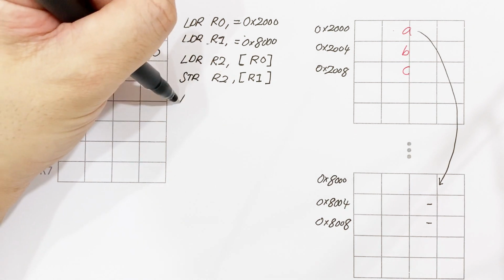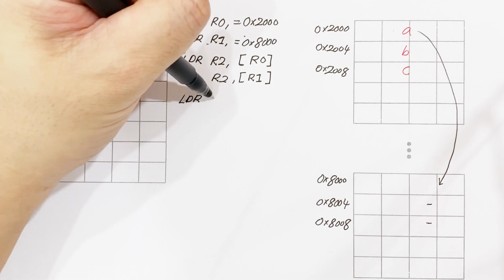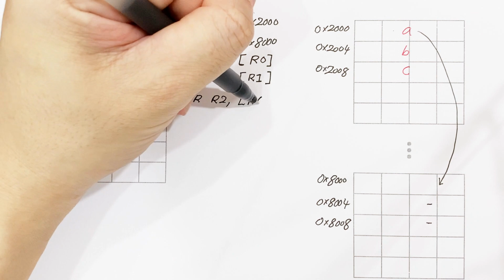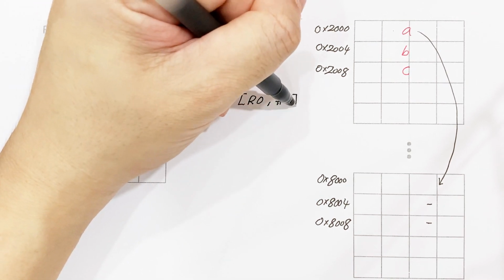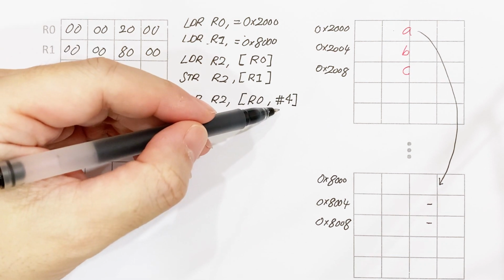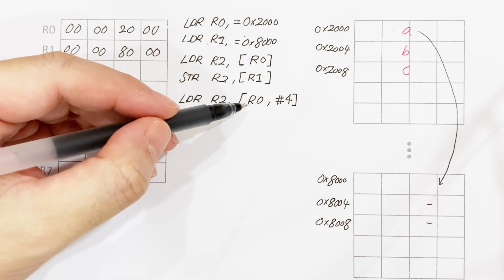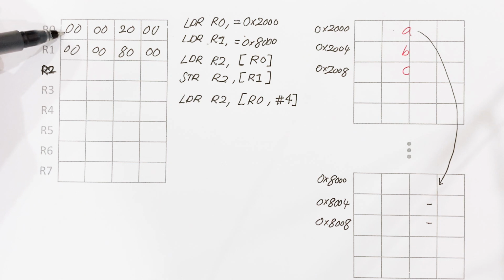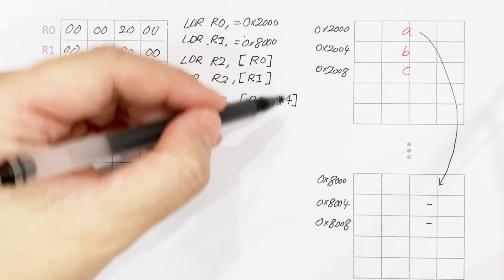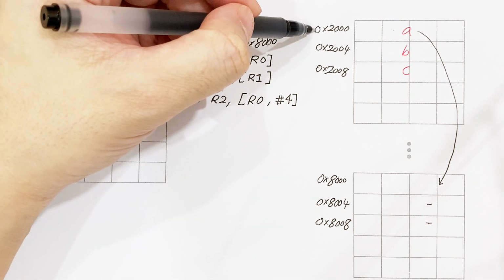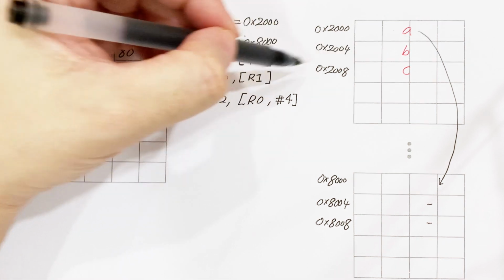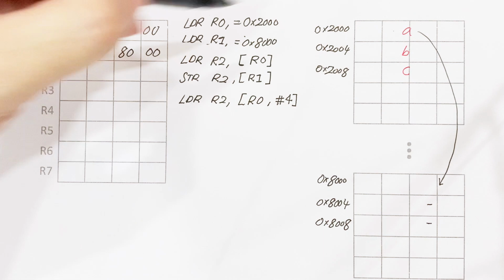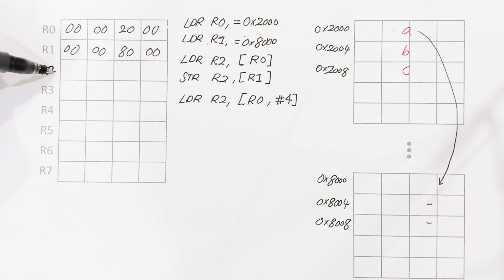Then I can continue the operation with R0 by introducing an immediate offset 4. So R0, which is 2000, plus 4. So basically we're going to copy the second data from the address of 2004, which is B, to register 2.